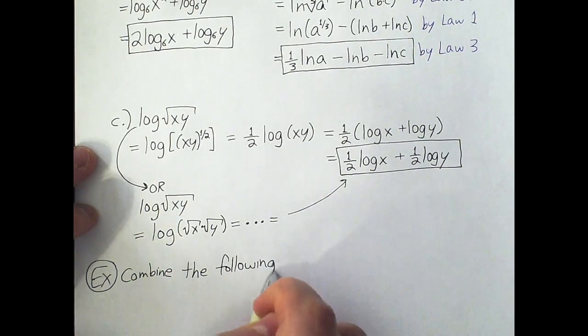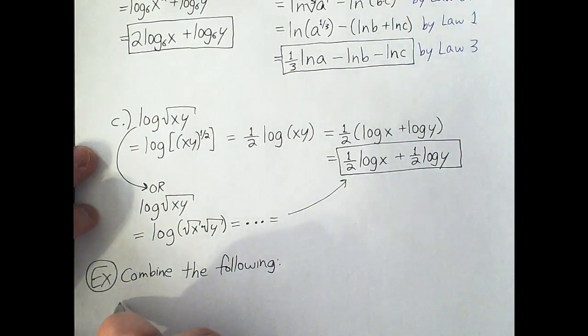So we're going to try to combine the following. What have I got here? I've got 3 of them. Let's do 3 of them again. I'll do the first one. We'll do the same thing. We're a set of 3 problems. Why not?